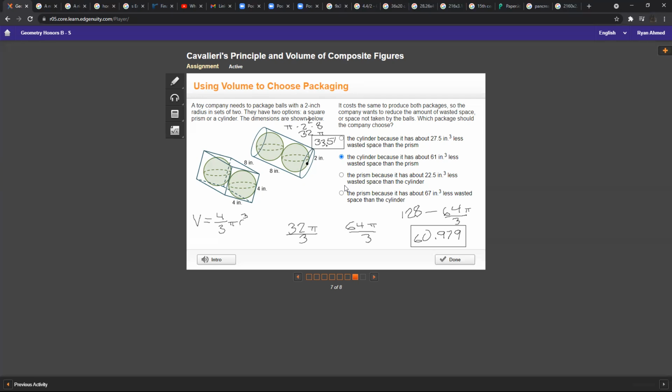If we do this quantity right here in blue, and we subtract this quantity here in green, would we get an answer closer to part A or closer to part B? We don't even really need to round.